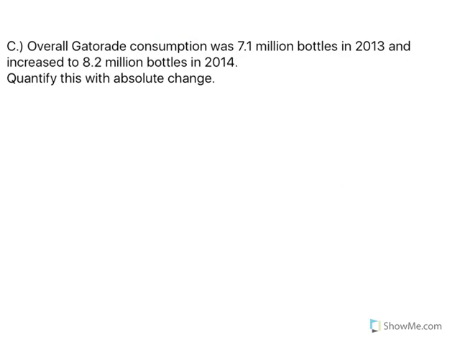And letter C, overall Gatorade consumption was 7.1 million bottles in 2013, and it increased to 8.2 million bottles in 2014. Quantify this with absolute change. Now, it doesn't really tell you which way you're going, to, from, whatever. So I'm going to assume 2014 is new and 2013 is old. So absolute is new minus old.